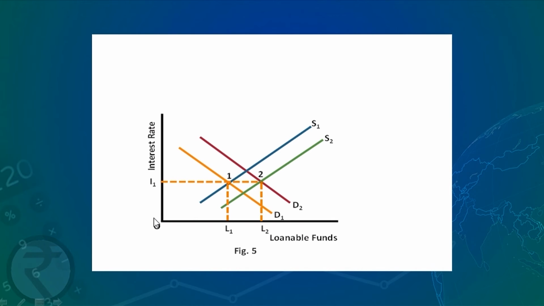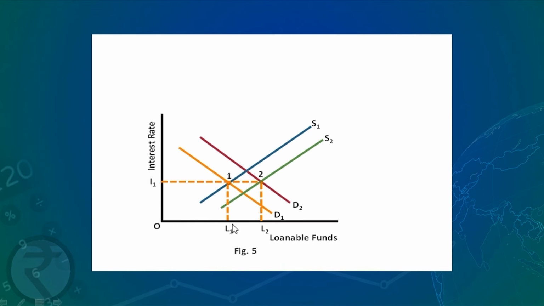In figure 5, it has been shown how the rate of interest will remain the same. We have shown the loanable funds on the x axis. D1 is the first demand curve for loanable funds and S1 is the supply of loanable funds and equilibrium is at point 1, where the rate of interest is OI1.